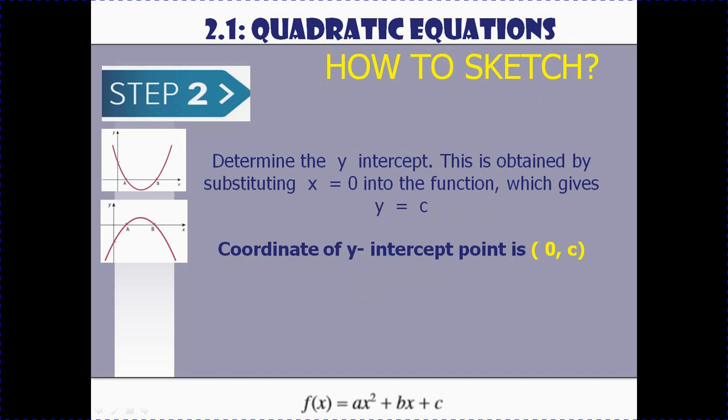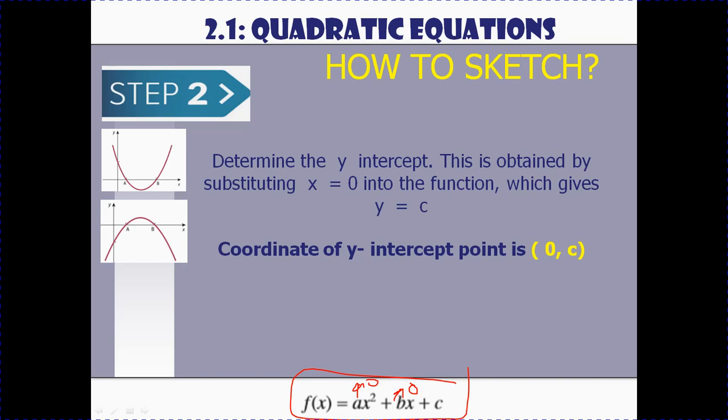Now, y-intercept, if you remember, we can get it if you substitute x equals to 0. When you substitute x equals to 0, this term turns to 0. This term also turns to 0. So all we have is y equals to c.